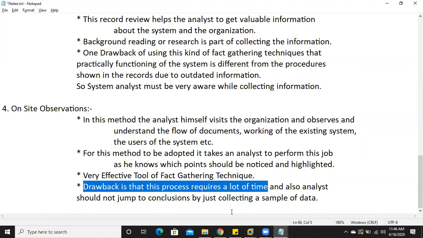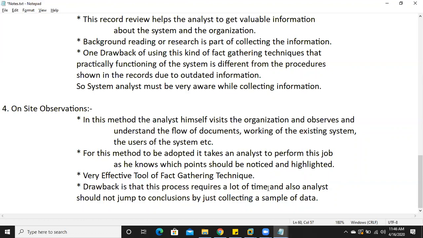So the system analyst has to study each and every module, or we can say he has to investigate each and every component of the system, so that he can find problems, or some extra information about the system.